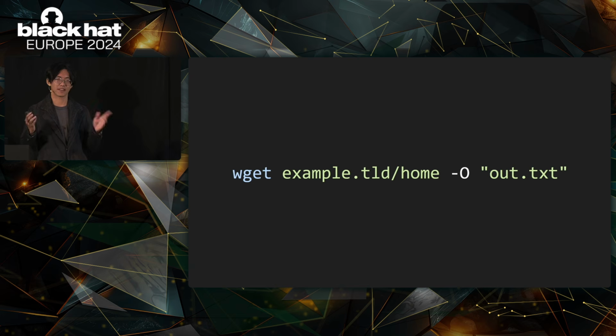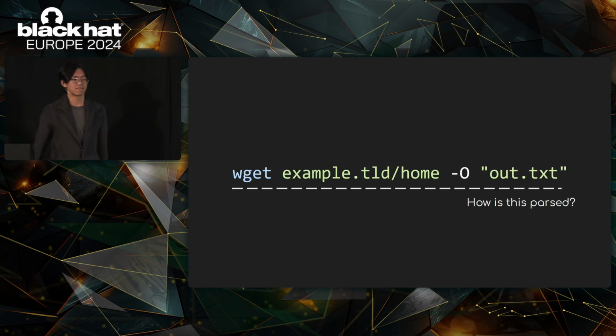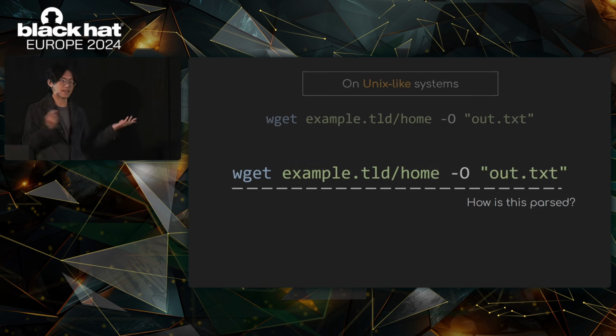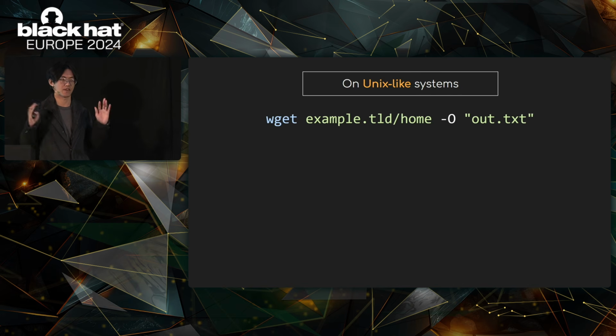Well, let's go back to this simple stuff, which is this command line. And how is it parsed? Let's start with Unix-like systems, because I think most of you are more familiar with them, and it's totally different from Windows. For a Unix-like system, we have this command line.